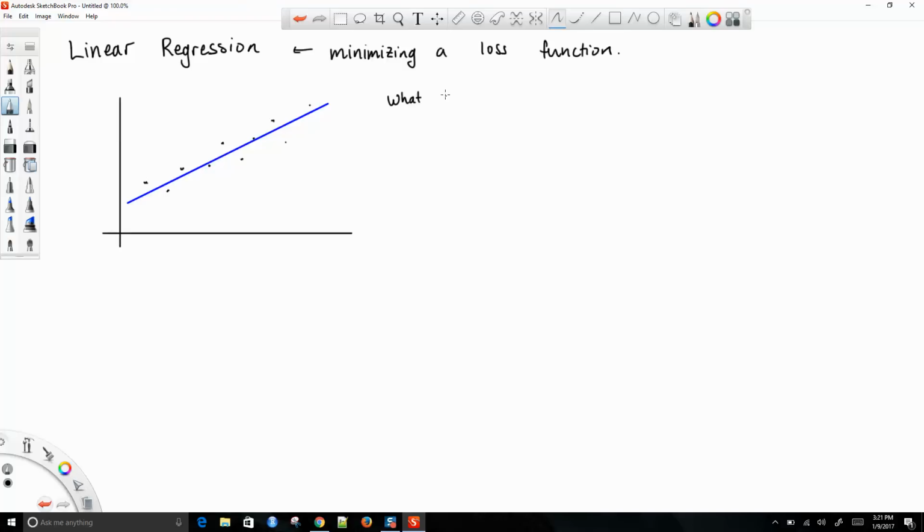When you're talking about ordinary least squares regression, OLS regression, what we do is we define our loss function as equal to the sum of squared residuals.